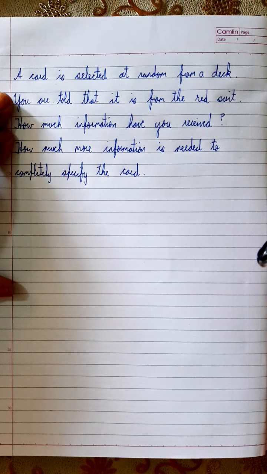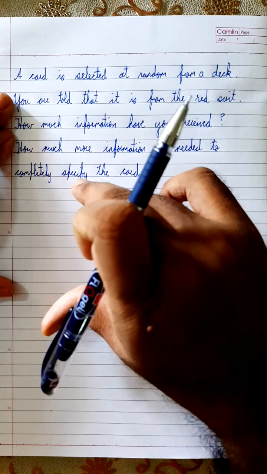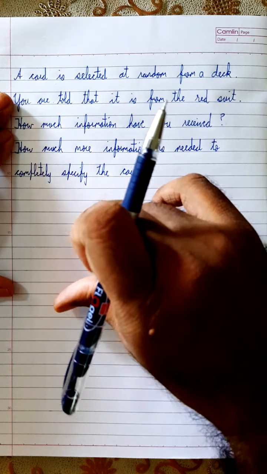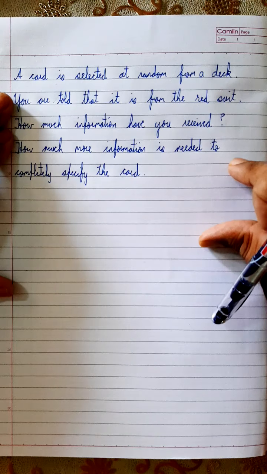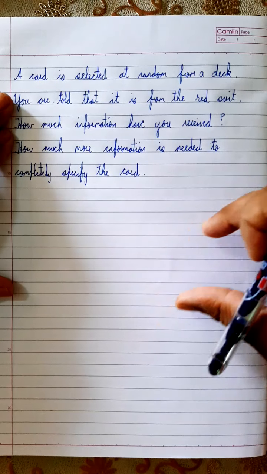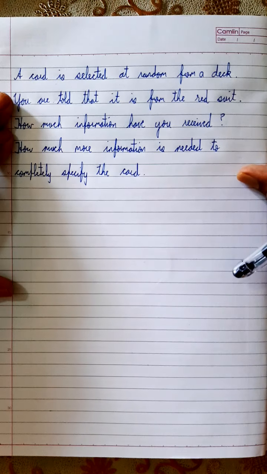In the 26 red cards, 26 by 2 is 13, so there are 13 hearts and 13 diamonds. And in the 26 black cards, there are 13 clubs and 13 spades. So this is how the deck of cards is arranged.